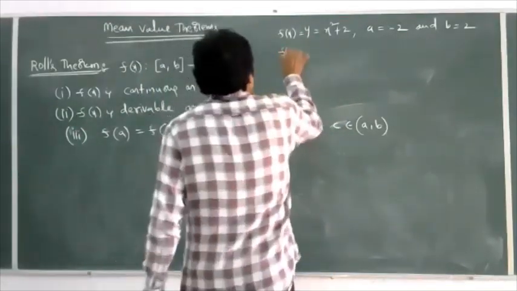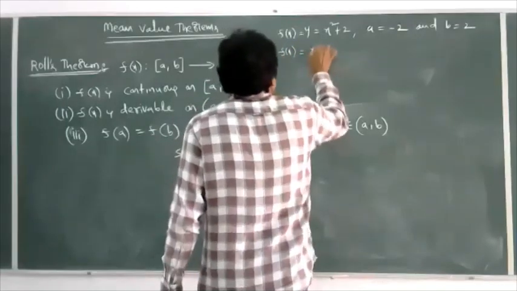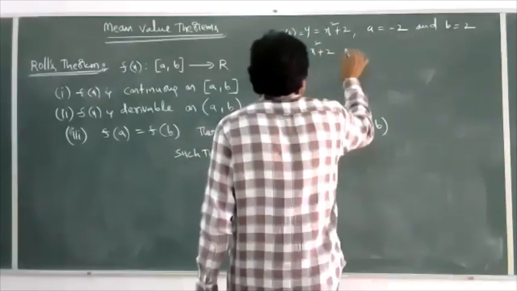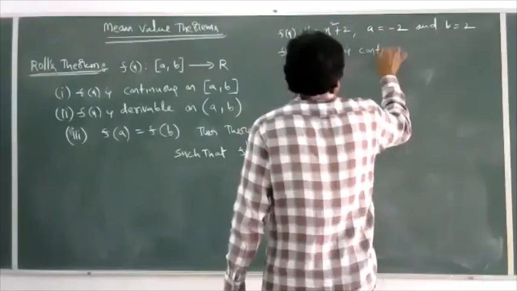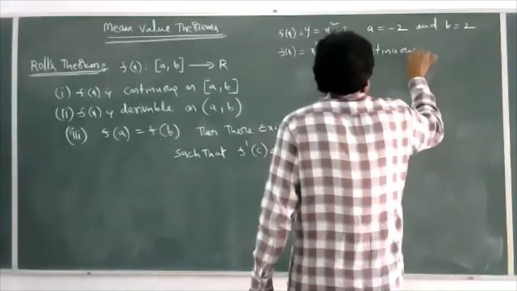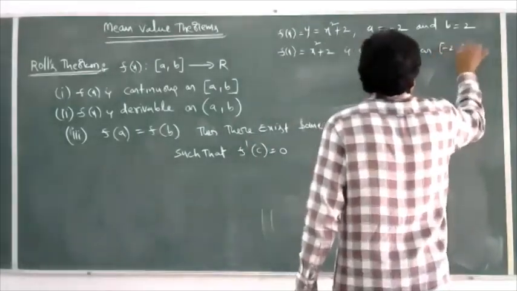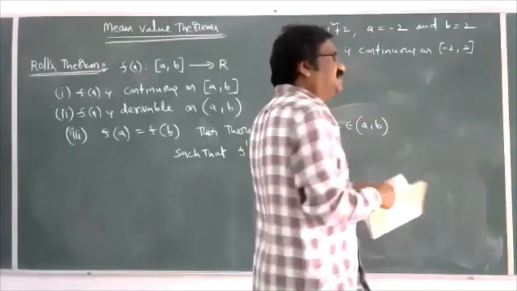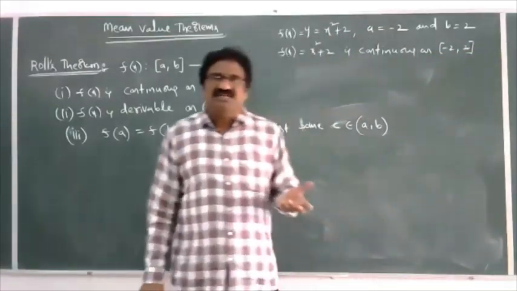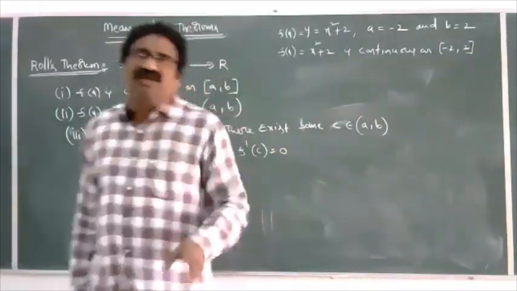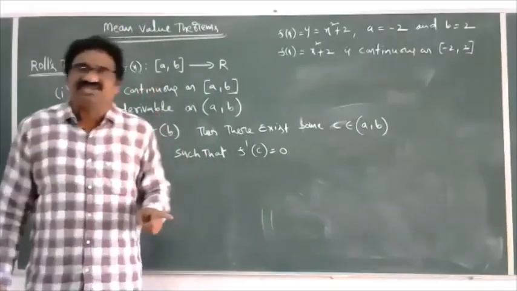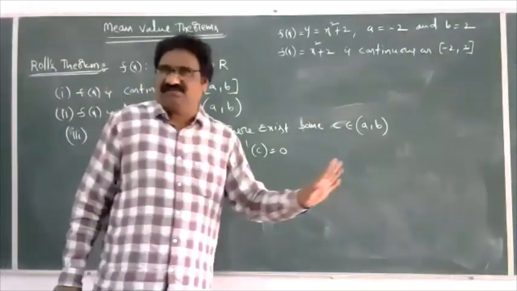Therefore, f of x is equal to x square plus 2 is continuous on closed minus 2 to 2, because we know f of x is equal to x square plus 2 is a polynomial function. Every polynomial function is continuous on all real numbers.